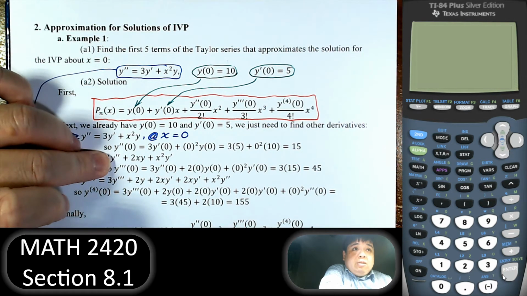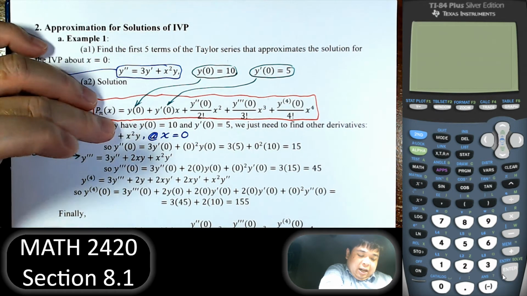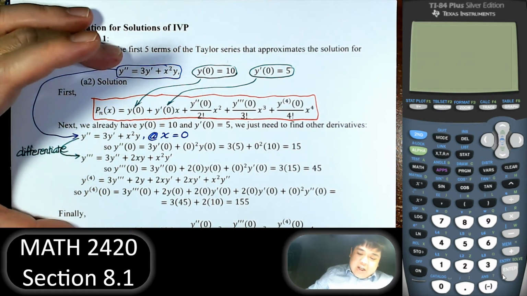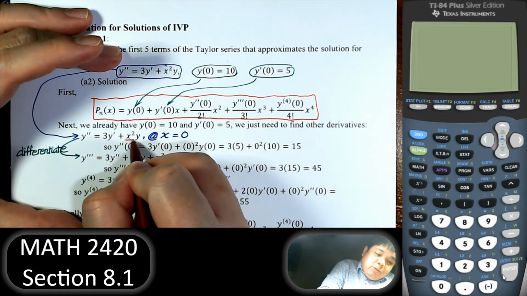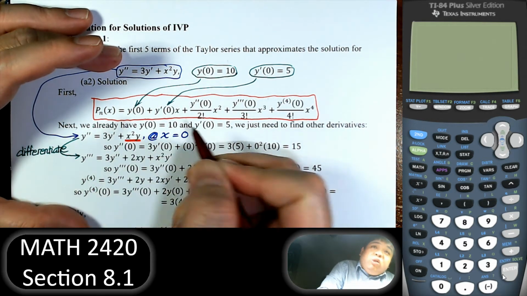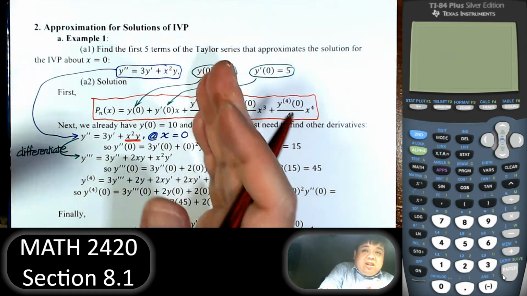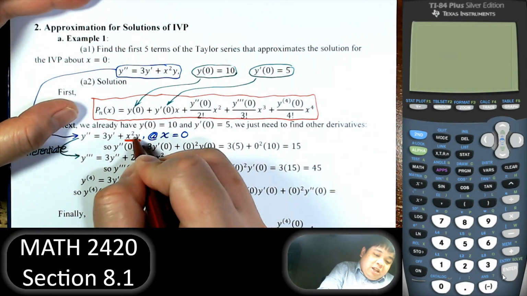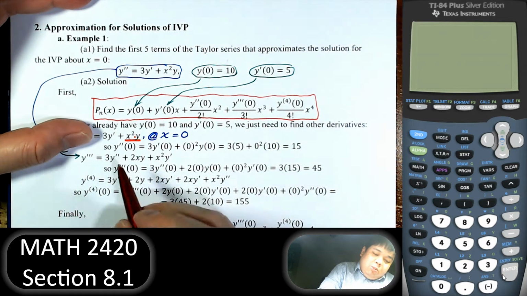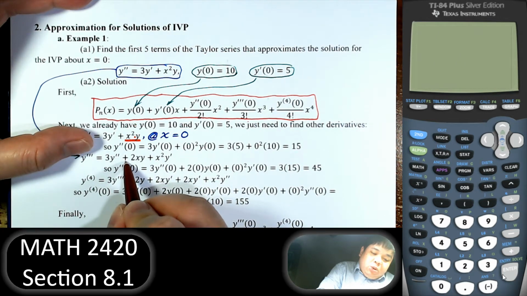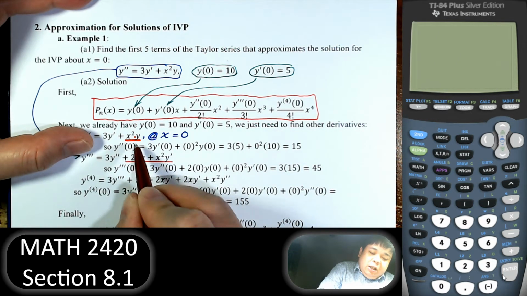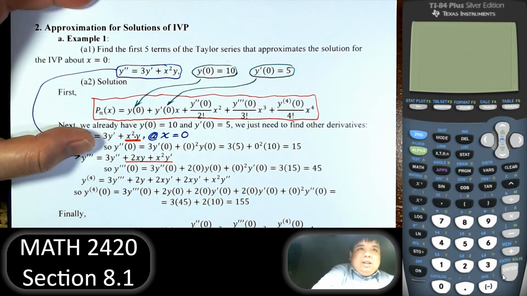Take the derivative again. Now, pay attention to this. We have x squared y, right? Both of them have x. x squared has x in it, y has x in it. So this is a product. That product requires the product rule. So 2x times y and x squared times y prime, right?